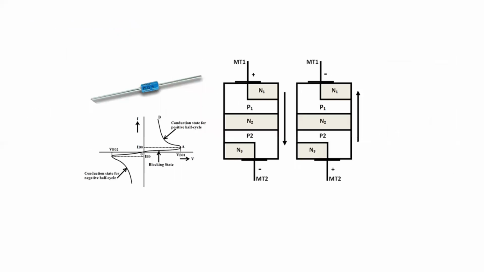So this is the compiled observation of the DIAC circuits. We observe here the construction of the DIAC, then the characteristics of the DIAC, and the physical component of the DIAC. Thank you.